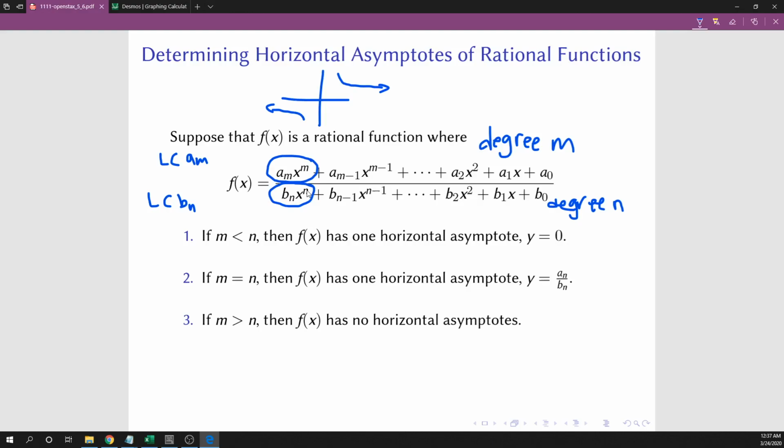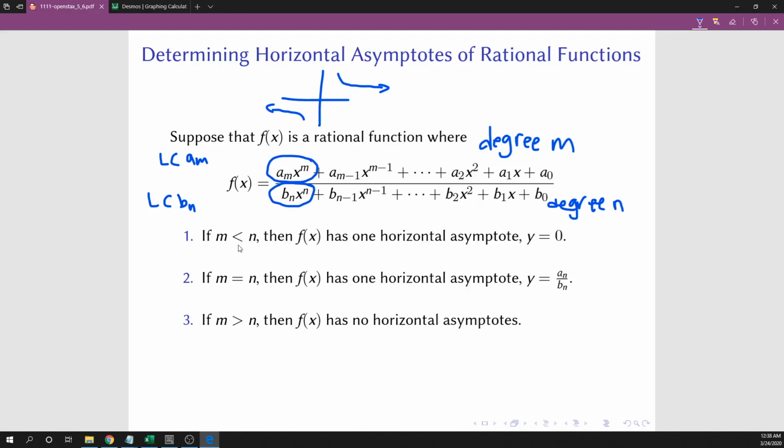The first thing we are going to look at is the degree of the top polynomial, which is m, and the degree of the bottom polynomial, which is n. Those are two numbers, so there are basically three possibilities about which one is bigger.